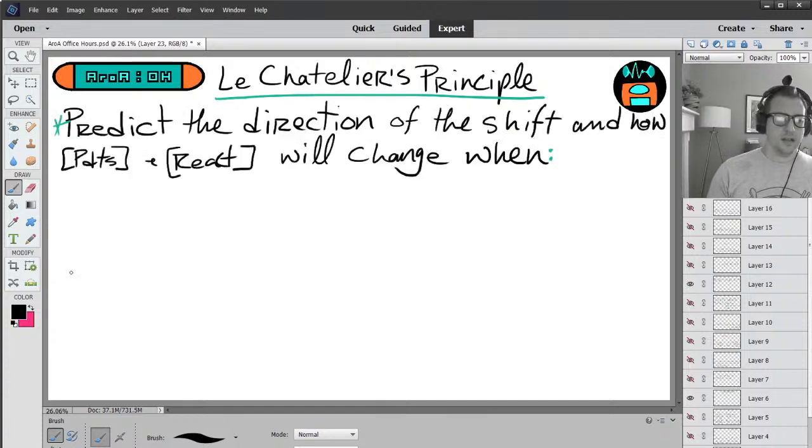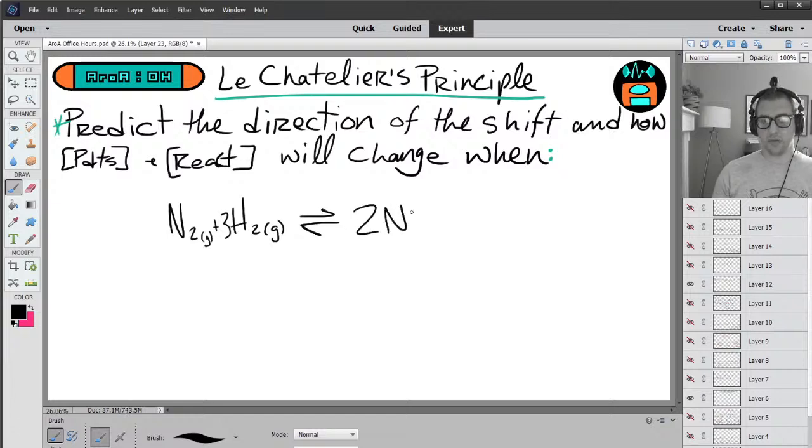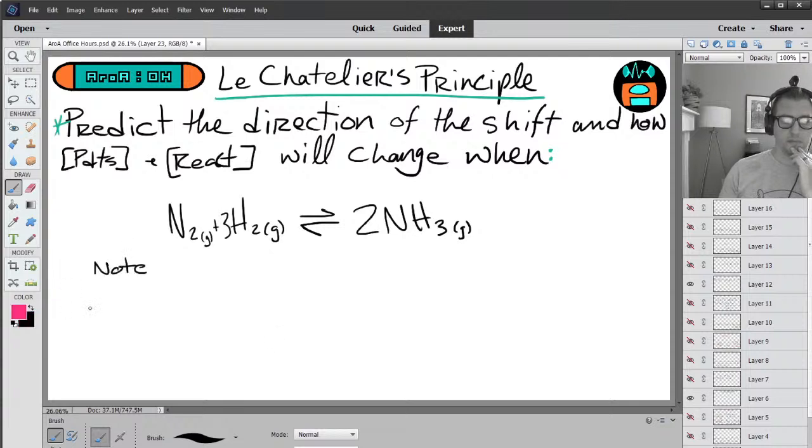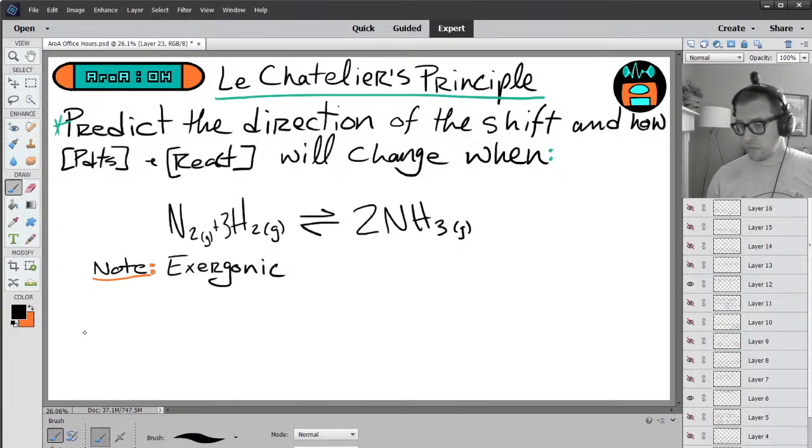We still want to predict the direction of the shift, but now for the reaction between nitrogen gas and hydrogen gas, which react reversibly to make ammonia. And this reaction is exergonic.